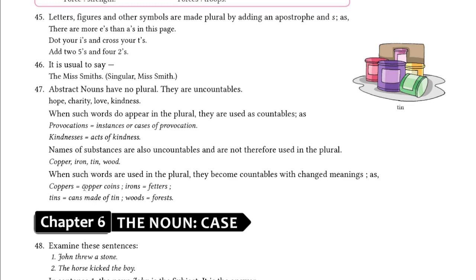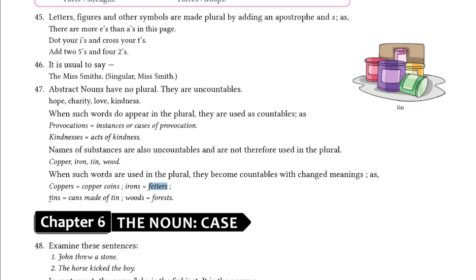Coppers is plural, but it doesn't mean the substance, the metal. It means copper coins. Iron, in singular, it is metal. In plural form, it is no more metal. It is fetters. These are chains with which prisoners are bound.